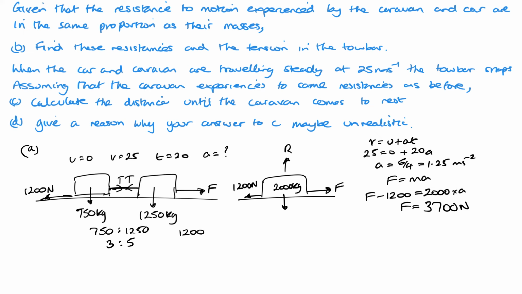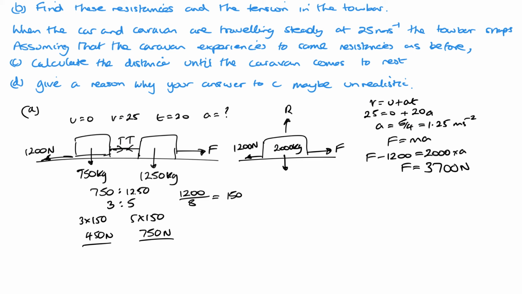I've got that 1200 divided by 8, and that's 150. So 3 times 150 and 5 times 150, so we have 450 newtons and 750 newtons. That's now splitting my 1200 up into its individual resistances.